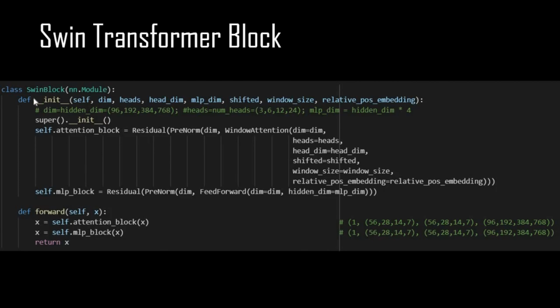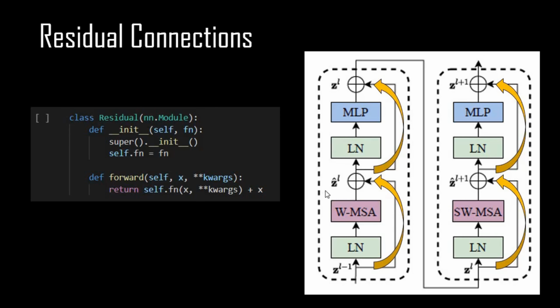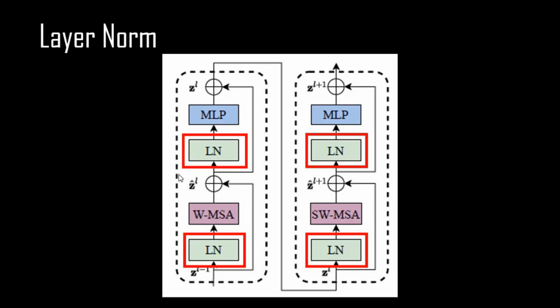So in the code, we showed that we have this class called Swin block, and we showed that we need to create residual, prenorm, window attention, and feed forward. For residual, we showed the class that we are going to use. Also for our layer norm, we showed that in the Swin transformer version 1, these are before each block.